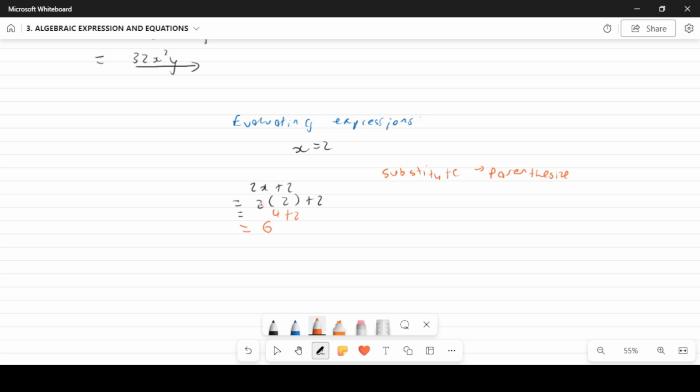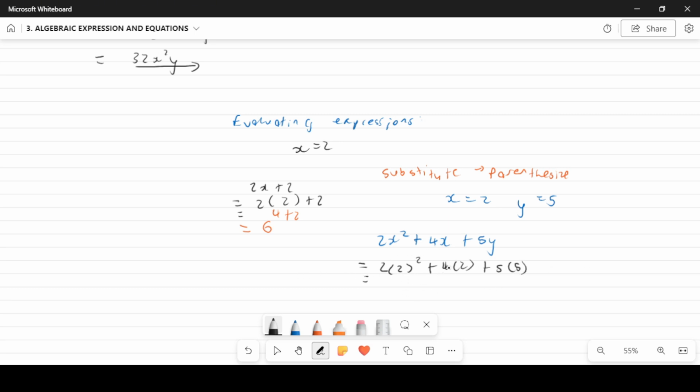Can you see how I followed Bodmas here? Brackets first, then I brought in the addition. So if it's given a more complicated example like 2x squared plus 4x plus 5y, and I said that x is equal to 2 and y is equal to 5, then I will substitute, but whenever I substitute, I must parenthesize. So it'll be 2 times 2 squared plus 4 times 2 plus 5 times 5.